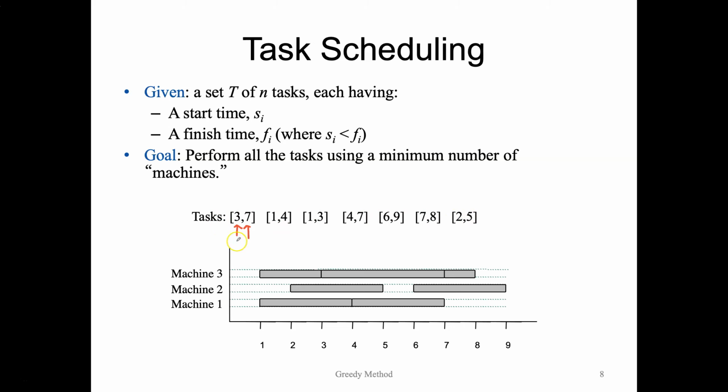For example, we've got the task starting at 3 and going to 7 here, and the task from 1 to 3 here. So this is an optimal solution. The question is, how do we come up with this optimal solution? We want to figure out the minimum number of machines we need to execute all tasks so that none of them overlap.